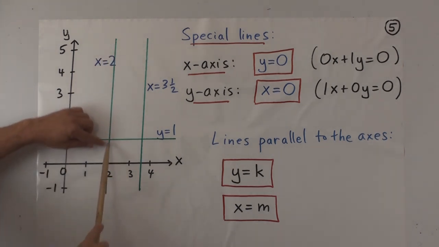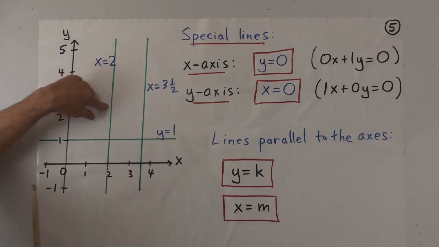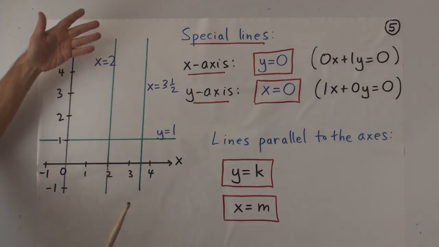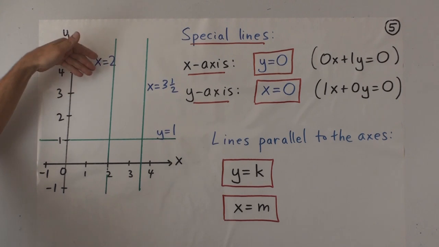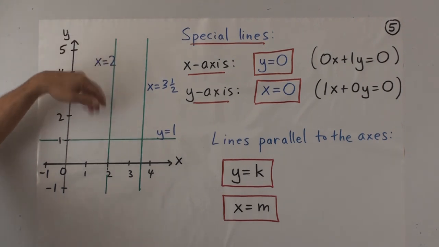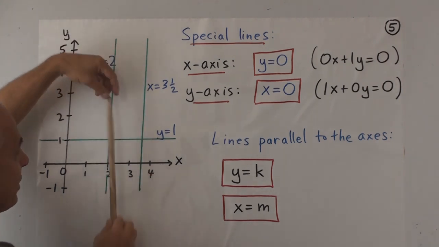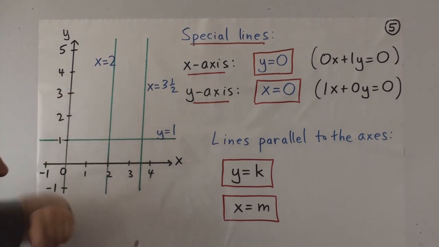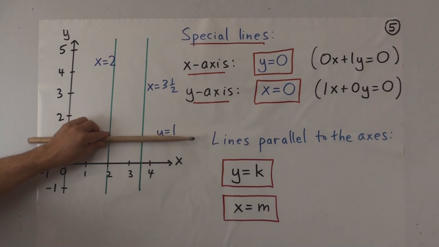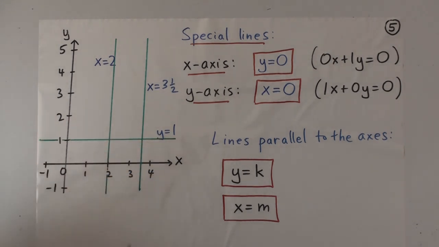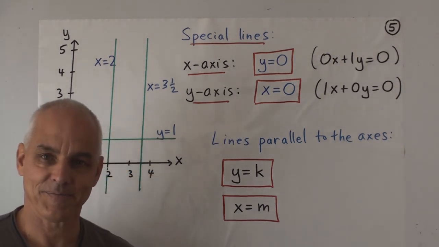It means that every point on here has the property that its x-coordinate is 2. And the y-coordinate can be anything. There's no constraint on the y-coordinate. This line here, parallel to it, is the line x equals 3.5, or 7/2. This line parallel to the x-axis is the line y equals 1.